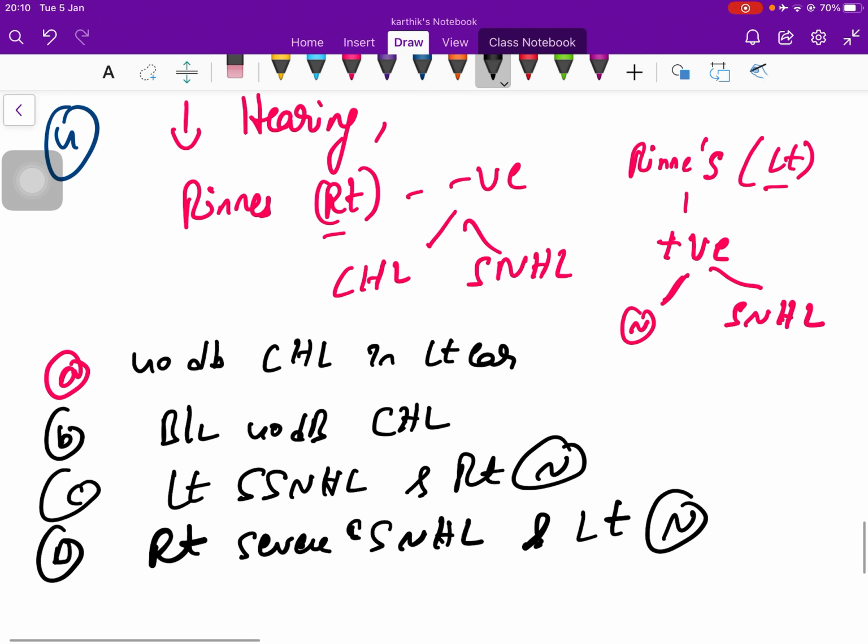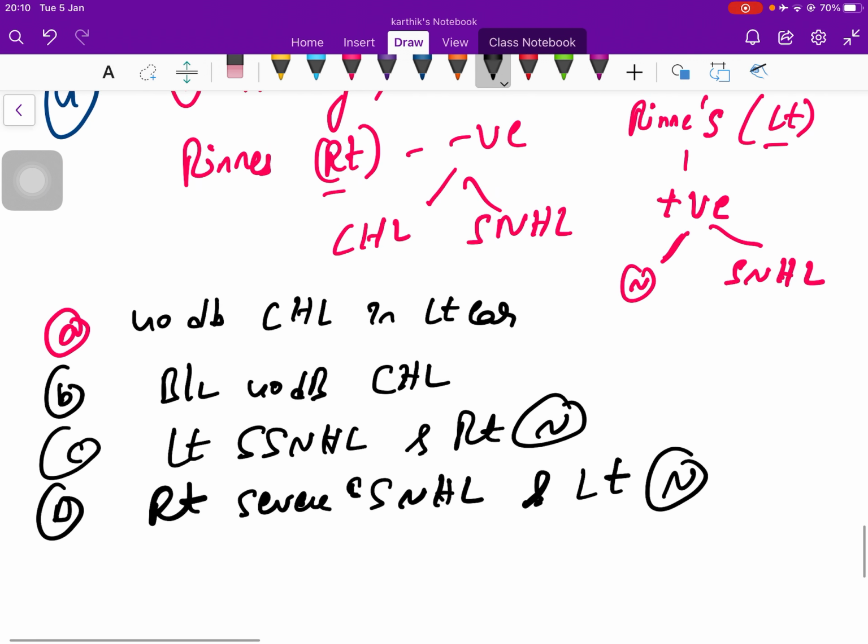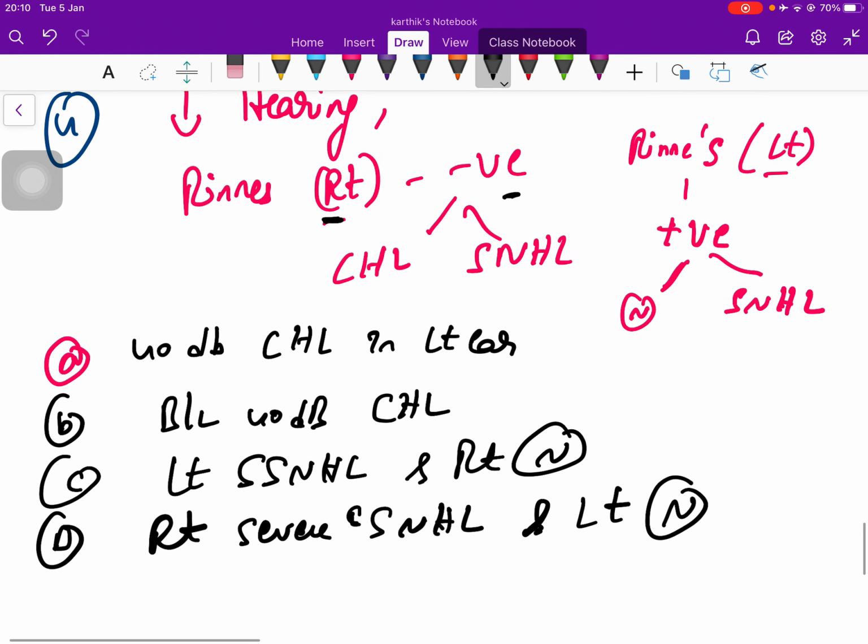Now see, in the question they didn't mention which ear is a problem, and they have mentioned only the Rinne's. Rinne's on the right ear is negative, and Rinne's on the left was positive, means normal or sensory neural hearing loss.